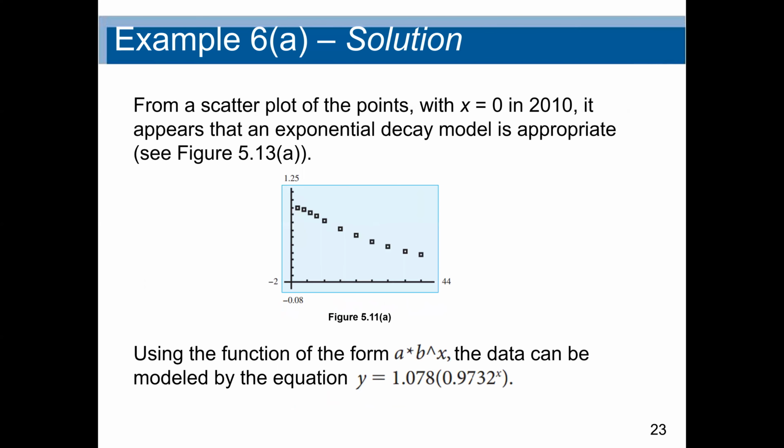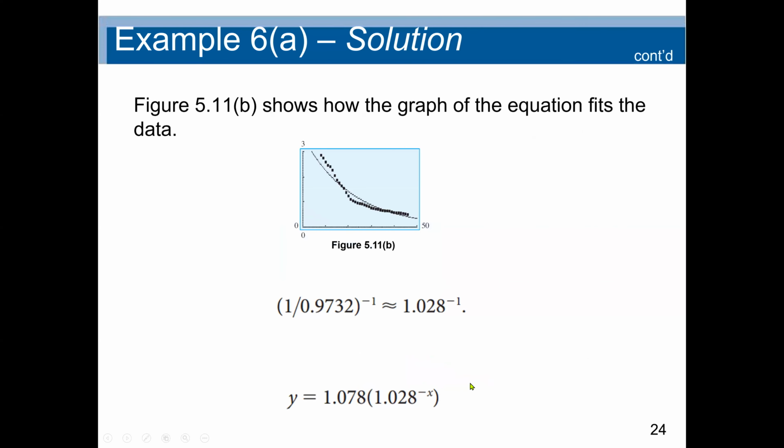We can see from the beginning, it's a positive value, 0.9732 to the power x. Now we can change it to negative by getting this as a number greater than 1. And that's what we have here. So we have 1.028 to the power negative x. Again, it is the same. Writing 0.9732 to the power x or 1.028 to the power negative x is the same. They are both the decay function.